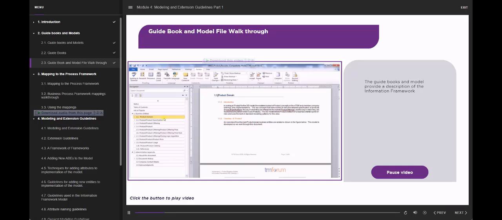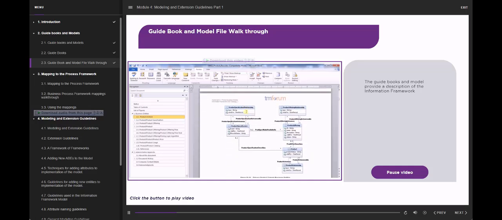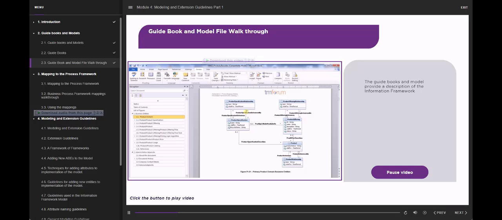Each guidebook begins with an overview of the domain that you can see here. Here you can see a UML class diagram that shows the key entities along with their attributes and relationships among the entities in the product domain.